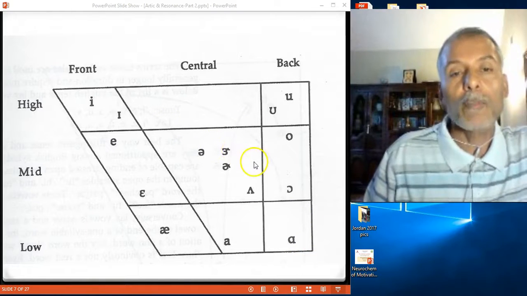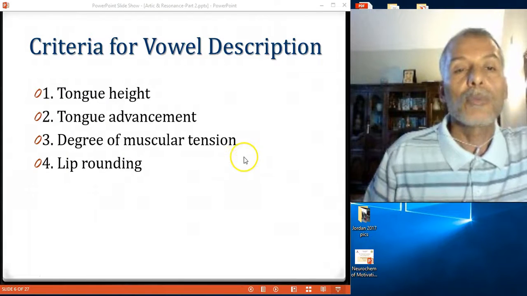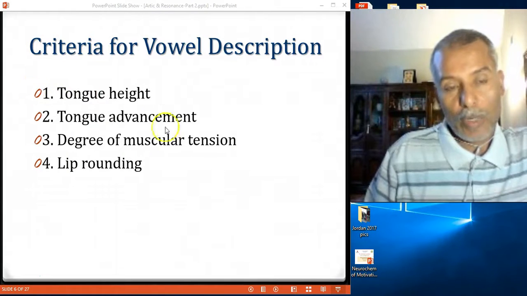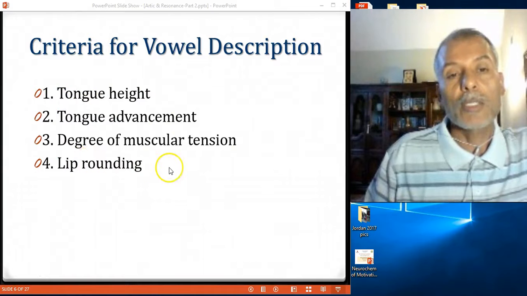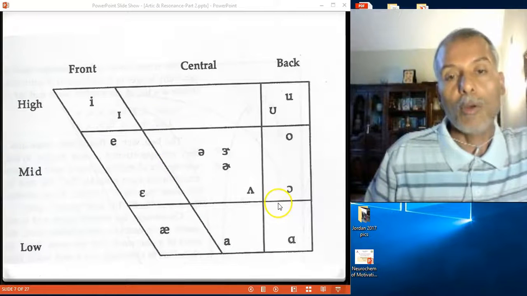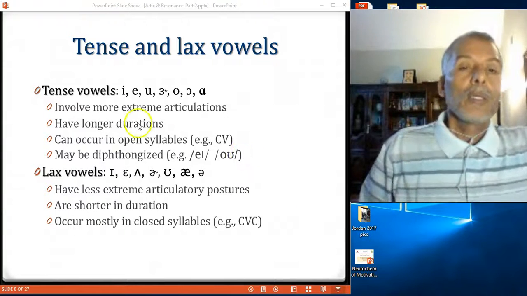So now these are all the vowels in English, 14 of them. And I'd like you to be able to use these 4 criteria again to describe each one of them, as I described here. So here's a summary.